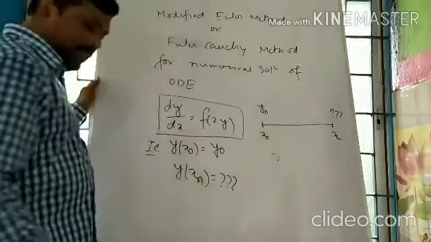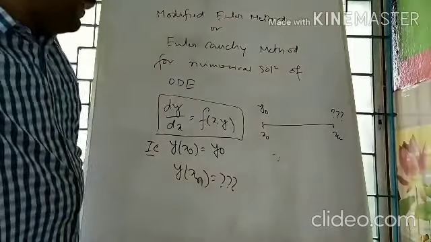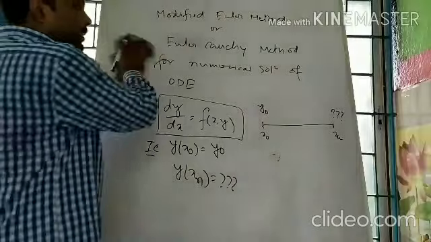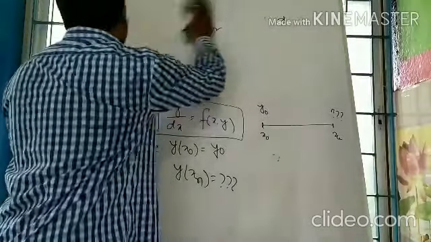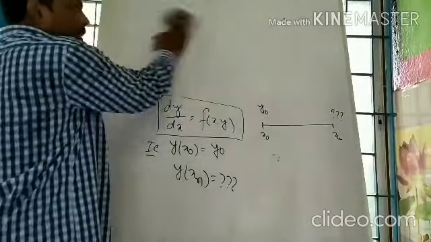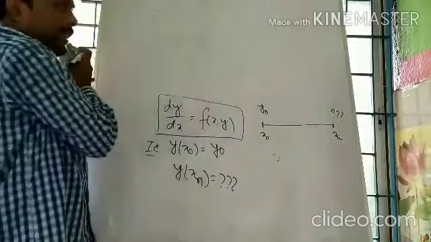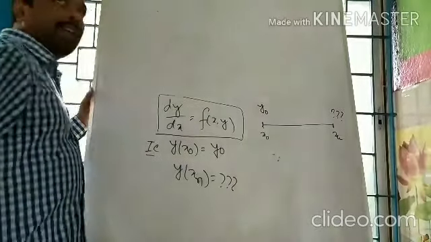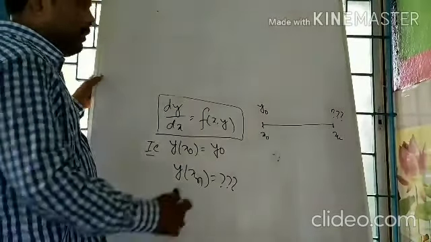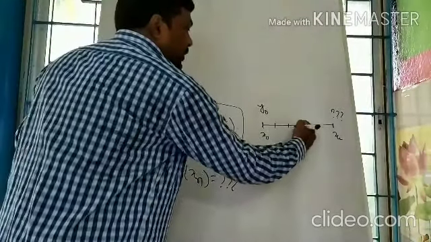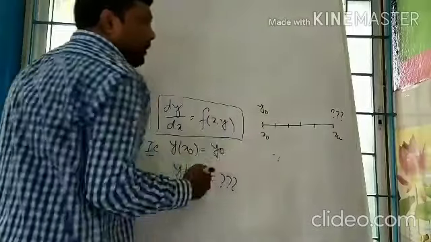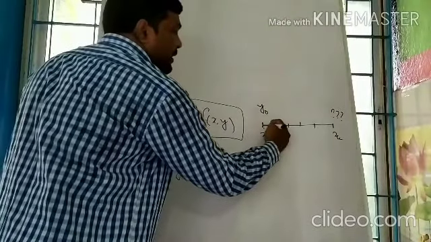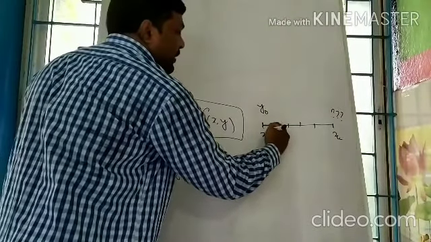First we divide this interval x0 to xn into n equal subintervals, and the length of each subinterval is h.